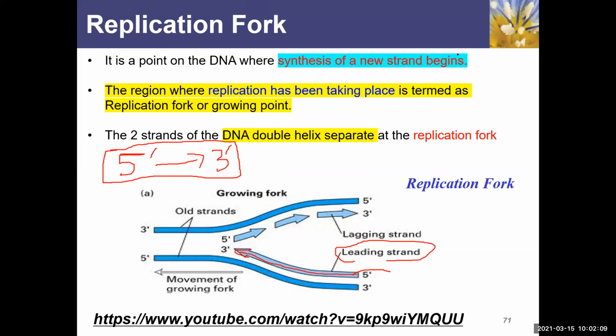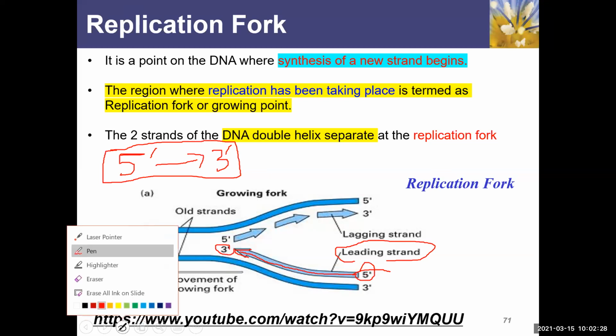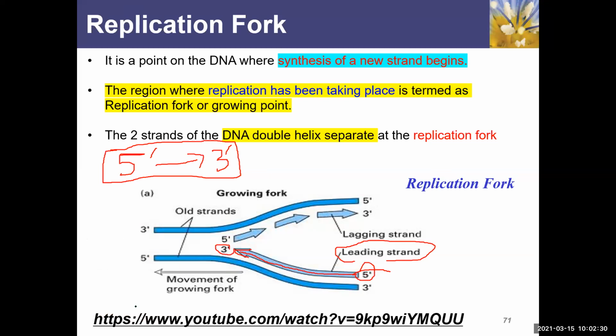Did you understand what is a leading strand? Leading strand is that strand of the DNA which is continuously synthesized without any breakup, as you can see over here. And as you can see here, it's synthesized in 5' to 3' direction. But that is not the case with the other strand, because the other strand needs to be synthesized again in 5' to 3' direction.